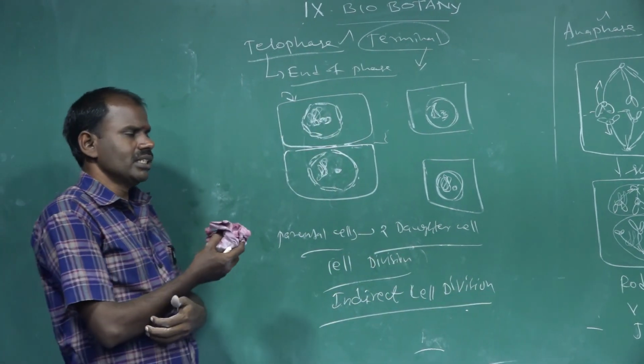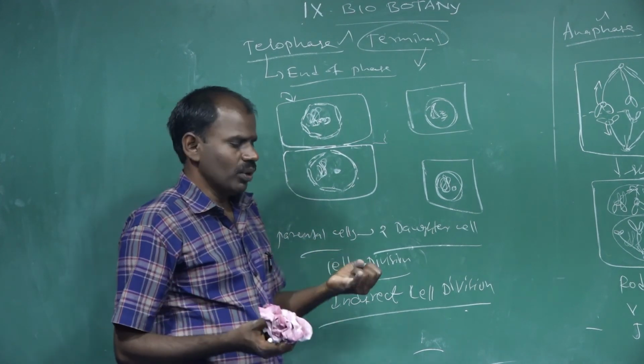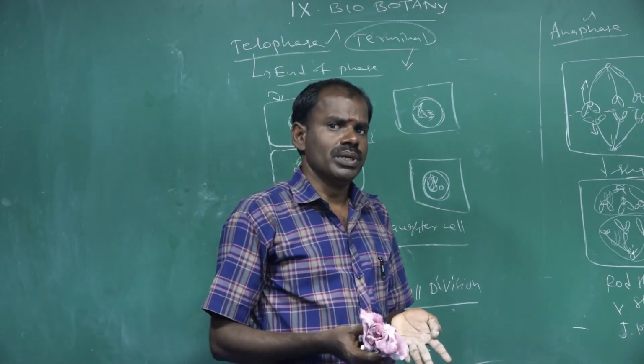There are four stages in mitotic cell division: prophase, metaphase, anaphase, and telophase.